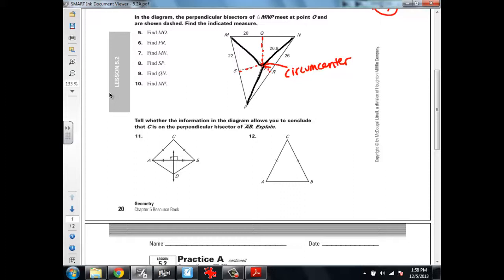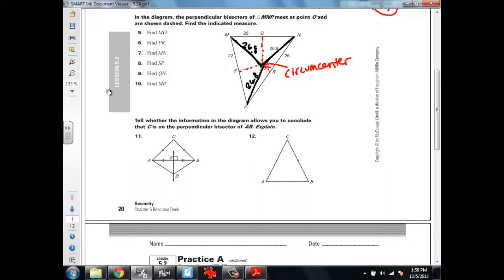Do I know what any of those lengths are? 26.8. This one's 26.8, and this one is going to be 26.8, and this one is also going to be 26.8. See, like I say, you get on a roll, you label everything you have, and then those questions are going to be a piece of cake.